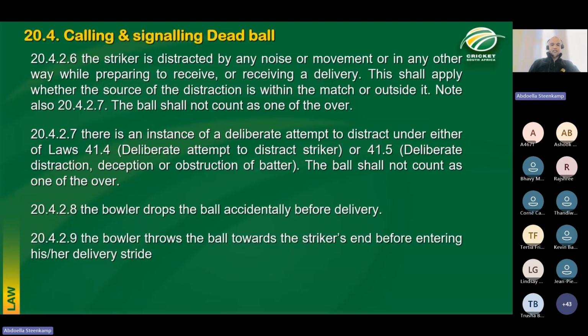If for whatever reason the bowler decides to throw the ball towards the striker's end while running in and before entering his or her delivery stride, so if the bowler throws towards the striker's end, not the bowler's end, the striker's end, for whatever reason, you need to intervene by calling and signaling dead ball.